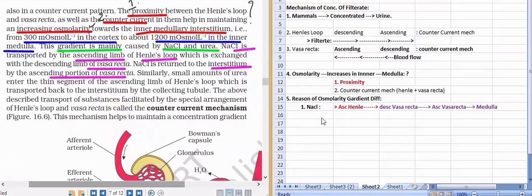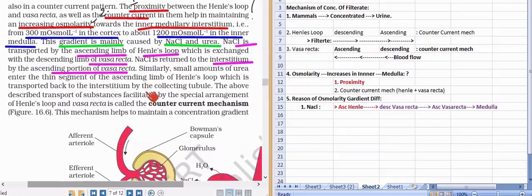That's what we discussed. NaCl goes from the ascending limb of Henle's loop to the nearby descending limb of the vasa recta, then to the ascending portion, then returns to the interstitium, meaning the medulla. So the NaCl role is completed.